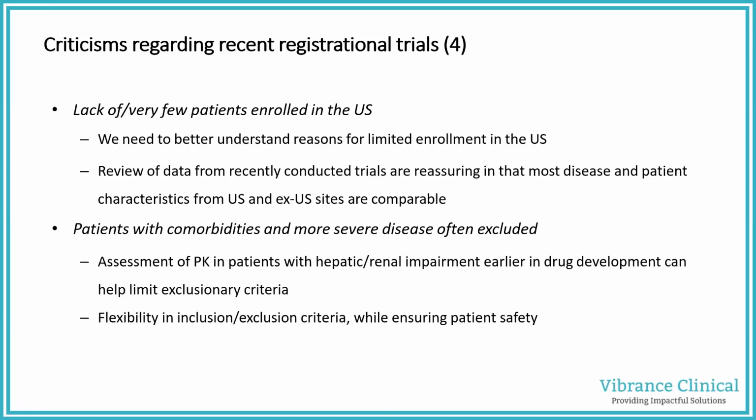And then there's flexibility in inclusion and exclusion criteria while ensuring patient safety. These are some of the points one designs into the study, but they were also the points that were questioned when some of these products were registered in the US, the EMA, or for that matter, Japan as well.